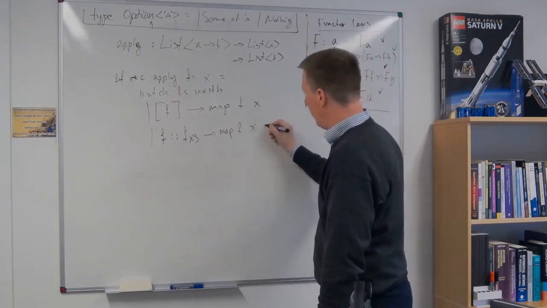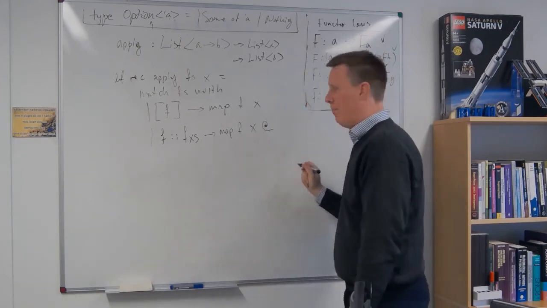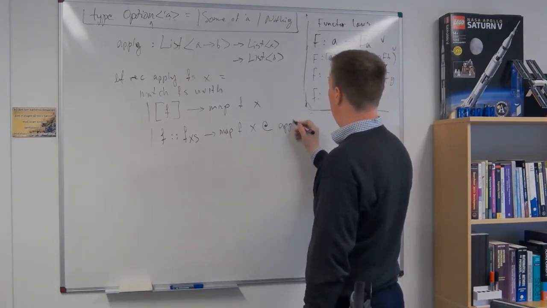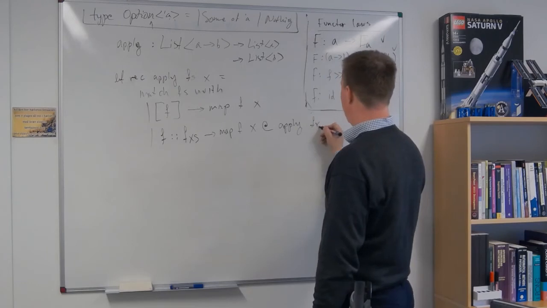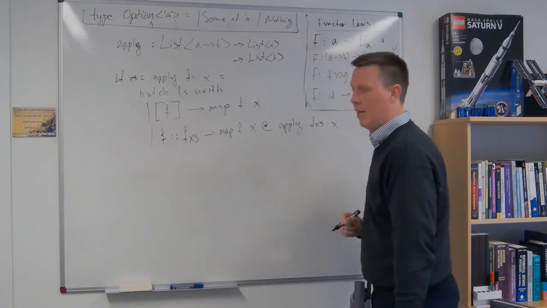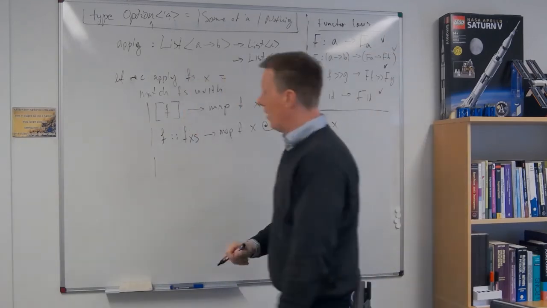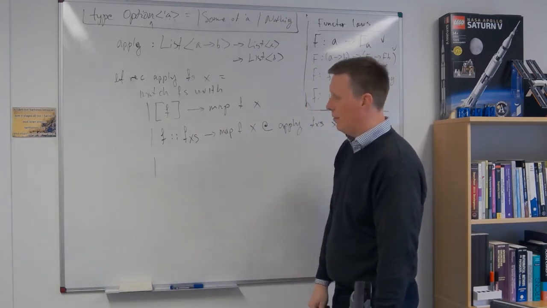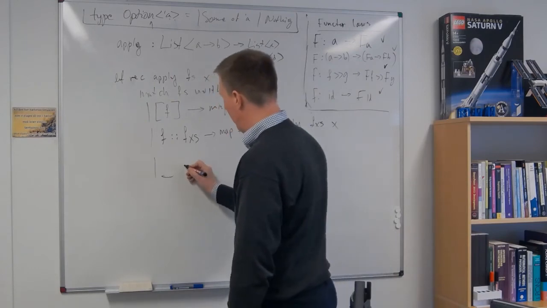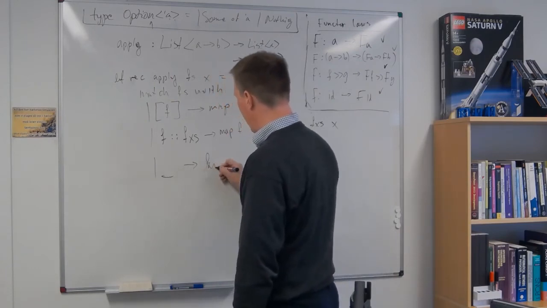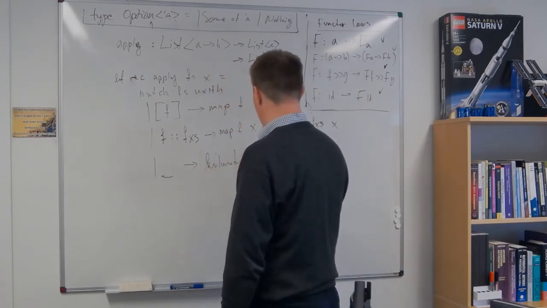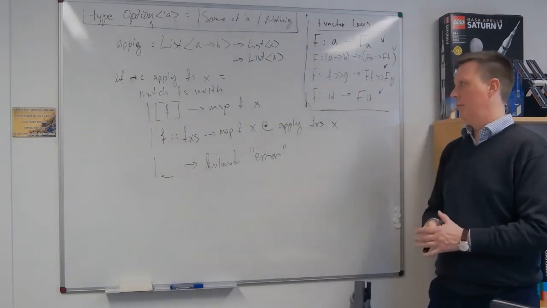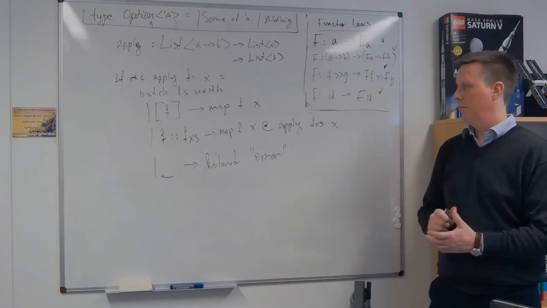So what I need to do is use the list append operator, and then I can just say apply fxs on x, and we recurse. And then there's a final case when we pass in the empty list or we do something stupid, and that's a fail with error. That shouldn't happen.